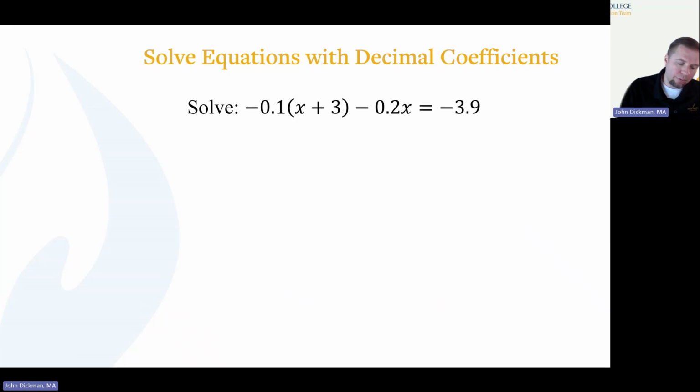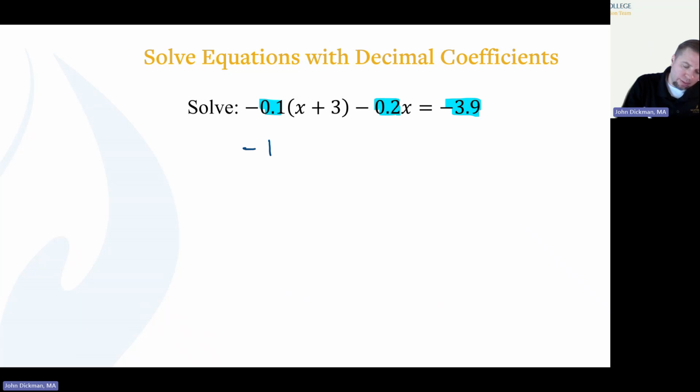You can see all 3 decimals here are to the 10th place. And so if I'm in the 10th place and I multiply by 10, then I'm going to have whole number values.